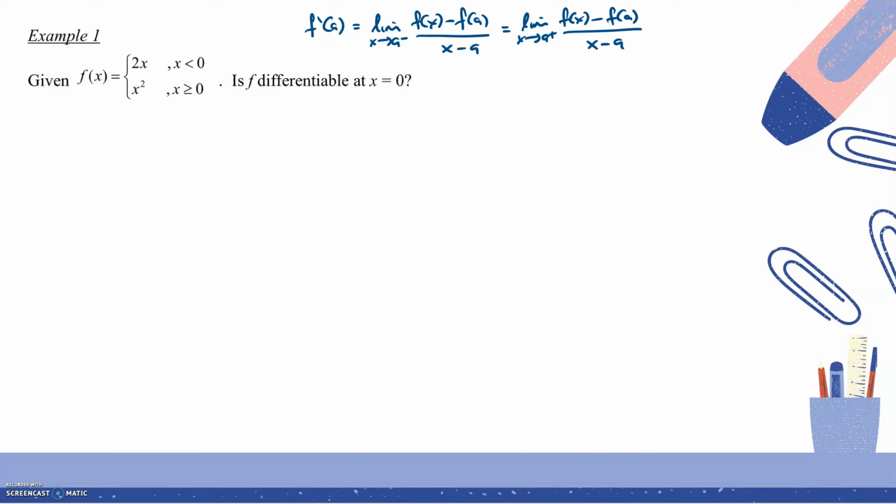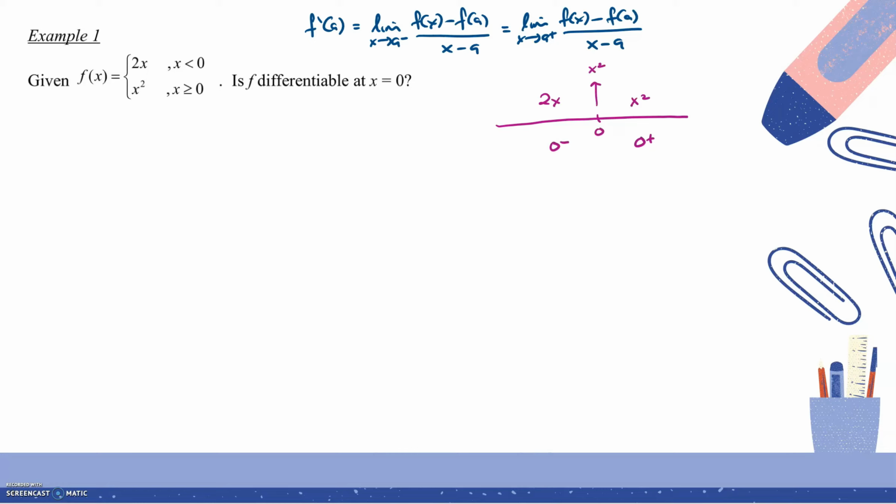So in order to determine whether f is differentiable or not, we have to look at the limit as x approaches a from the left and the limit as x approaches a from the right. Now we want to determine the differentiability at x equals 0. So we have 0 from the left and 0 from the right.